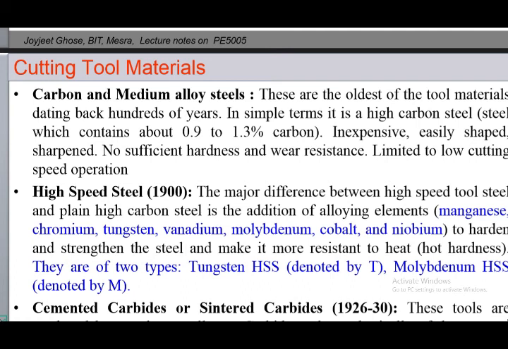What are carbon alloys? Carbon alloys are the oldest tool material, with the hardness of simple and high carbon steels. There are three types of carbon steels: low carbon steel, medium carbon steel and high carbon steel. And high speed steels.